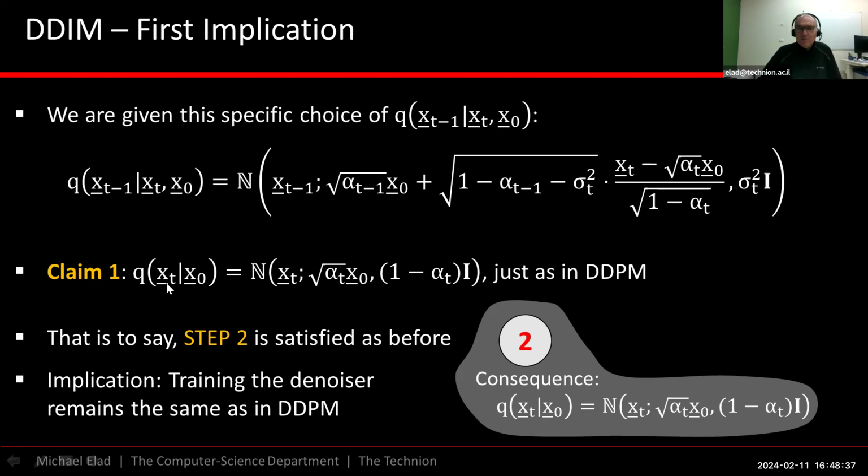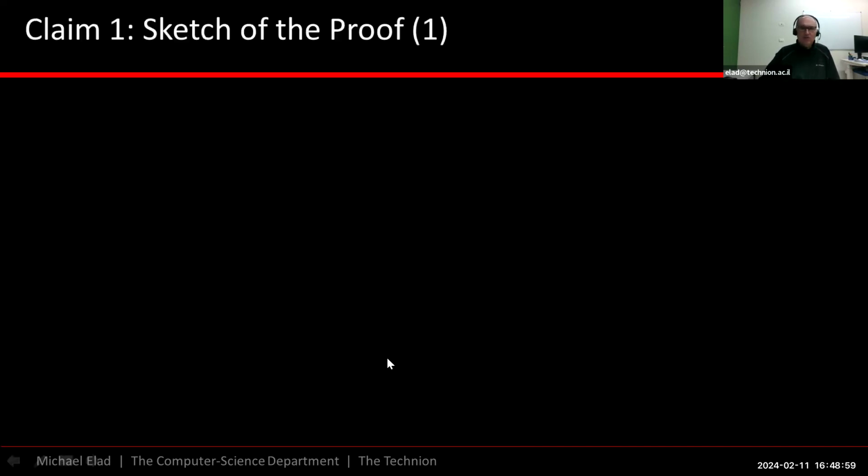It tells you that XT is a noisy version of X0 with a proper scaling down of X0 and additive Gaussian noise. If you want to denoise, you have to go with this equation in order to go back from XT to X0. Well, it is the same denoiser because this property number 2 is the same for DDPM and DDIM. Great. Okay, let's move on.